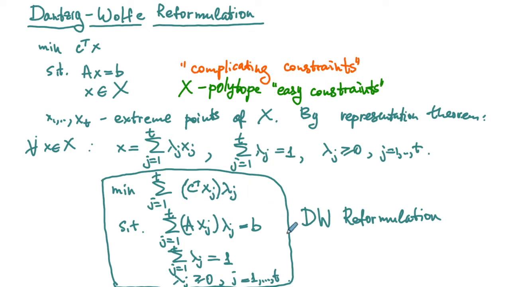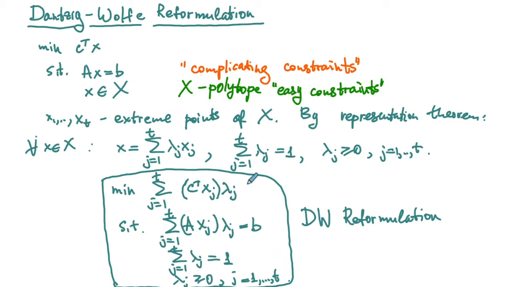Therefore, we can use the Dantzig-Wolfe reformulation in place of the original formulation and solve it in order to solve our original LP. Okay, we can see that we can reformulate our original problem using the Dantzig-Wolfe reformulation, but the question is, why do we want to do that?